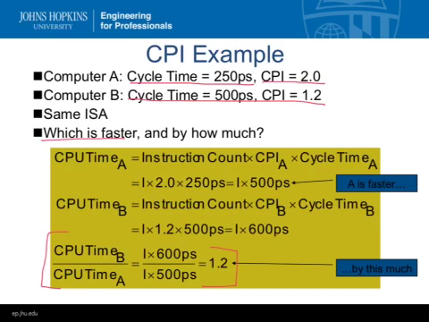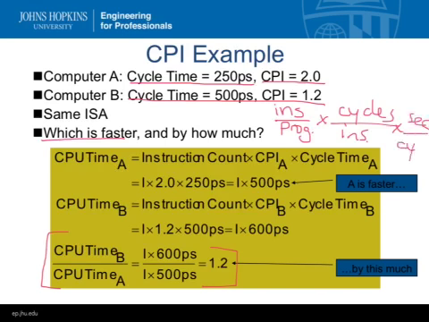And we do that by multiplying the instructions per program times clock cycles per instruction times the seconds per cycle.